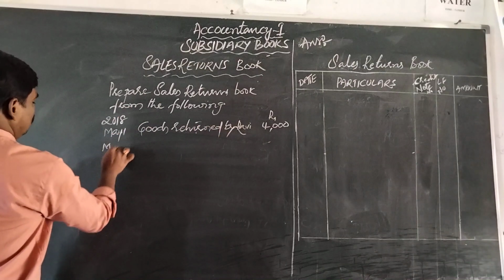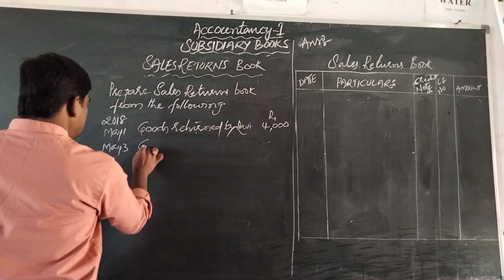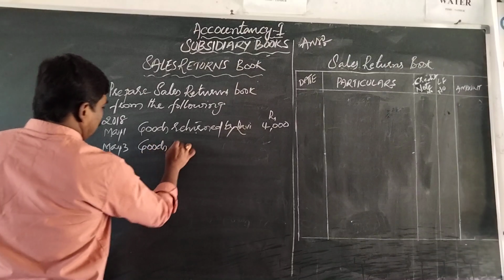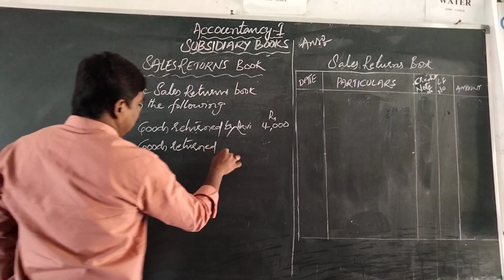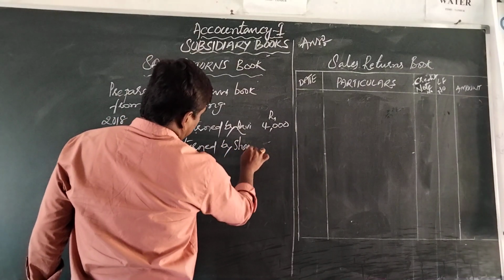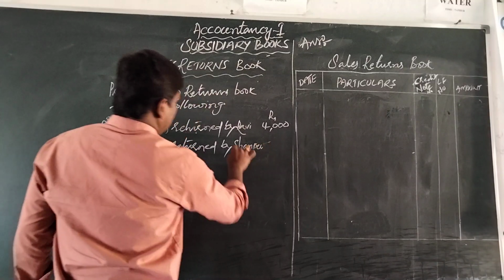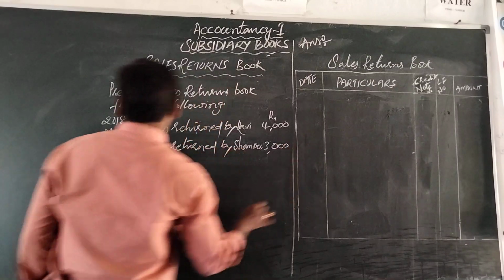Similarly, May 3, goods returned by Shankar, rupees 3,000.